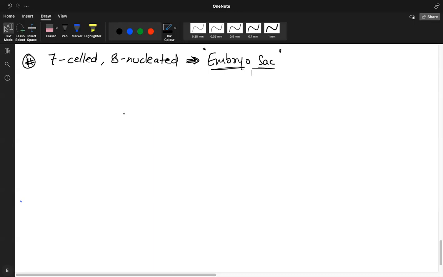So first, we start with the functional megaspore. And that functional megaspore divides mitotically.